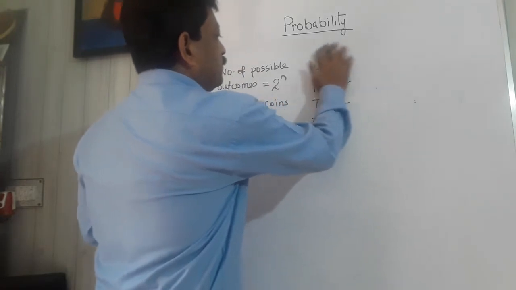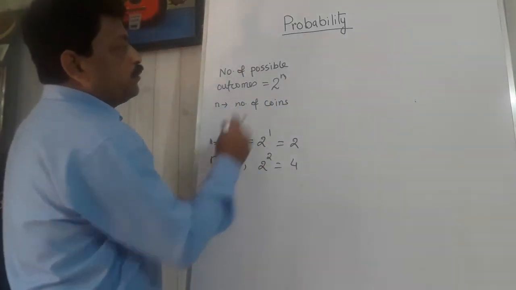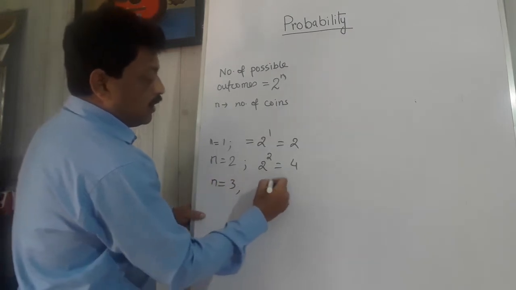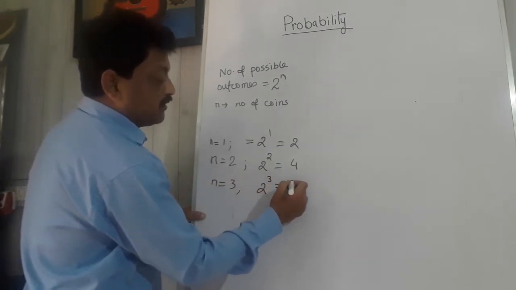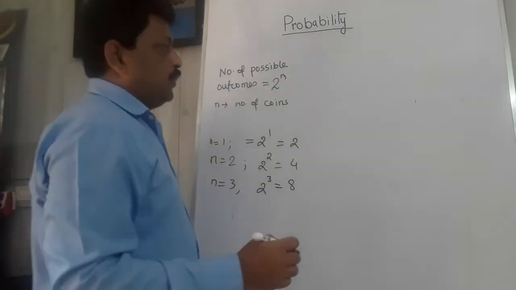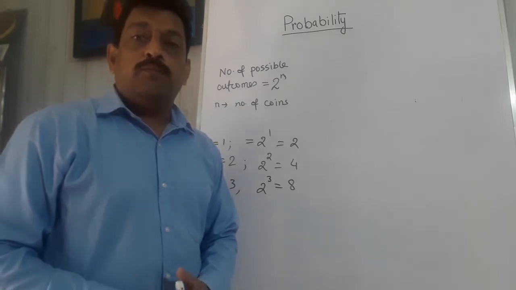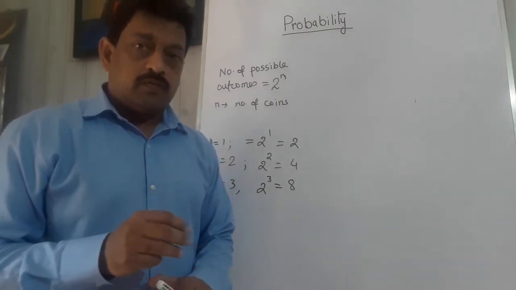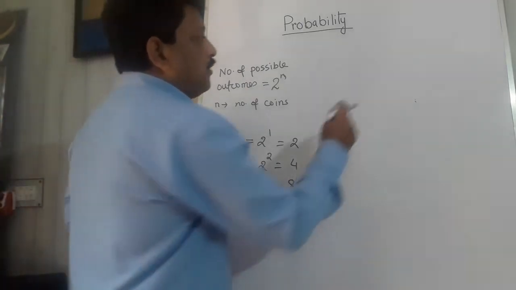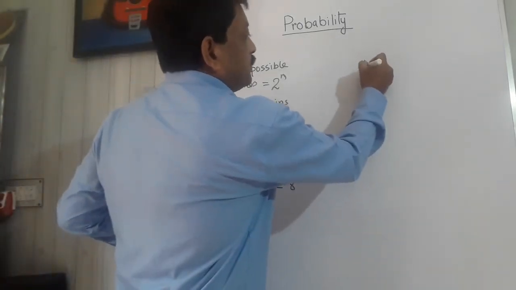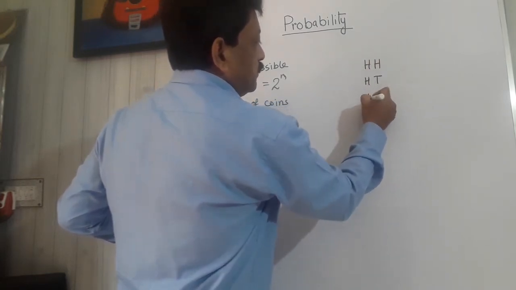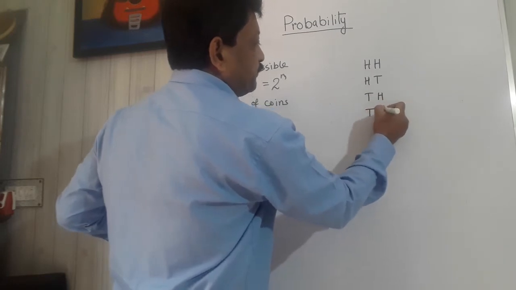Now let me take 3 coins. So what are the possible outcomes? If you put n equals 3, then total outcomes will be 2 to the power 3, that is 8. Let us check how we are getting the total outcomes. For finding all the possible outcomes when 3 coins are tossed simultaneously, first of all write all the outcomes with 2 coins: HH, HT, TH and TT.